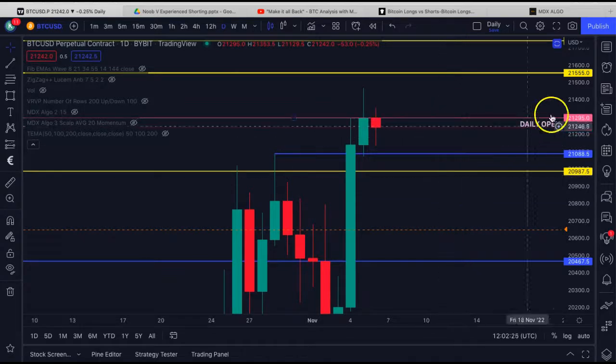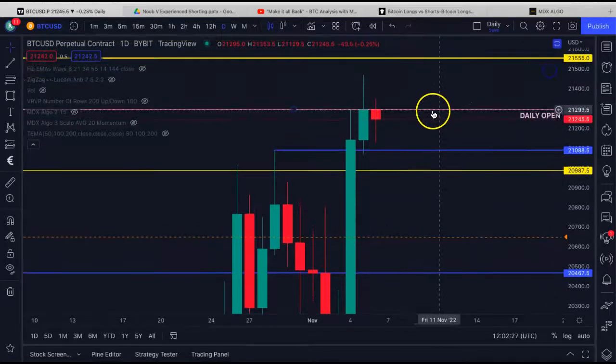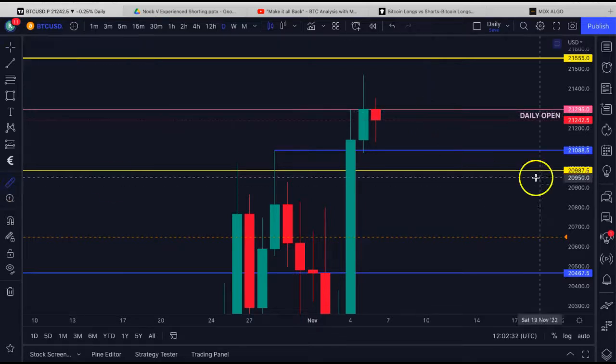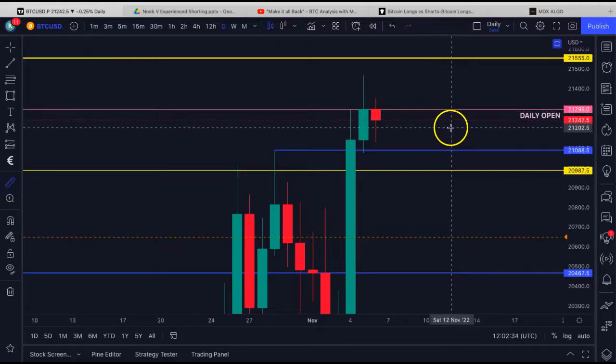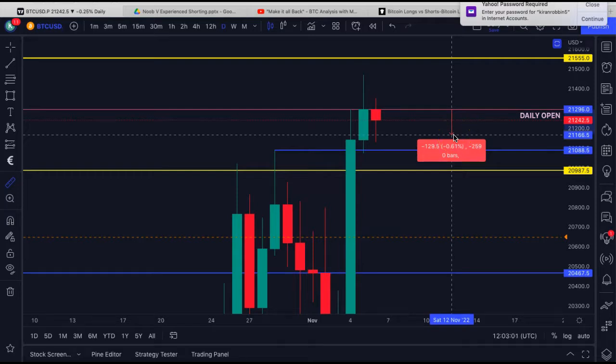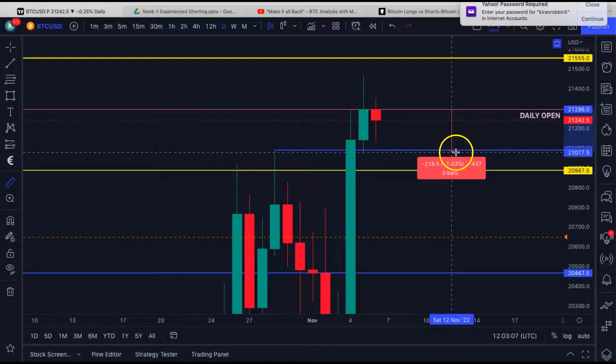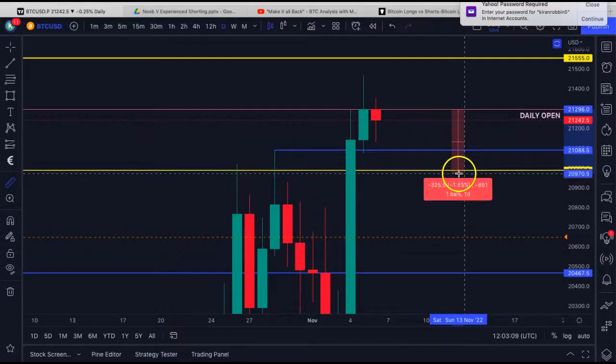So in this case, for example, the daily open was 21,295. As my calculation was such that the average ATR of the last 5 days was 609, half of 609 is 304.5. Okay, let's just say 305 for sake of ease. So say we move down 305 from the daily open. Soon price gets down to 20,991, which is 305 points from the daily open, right?